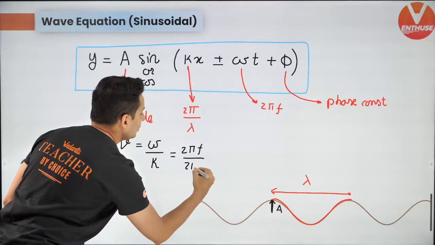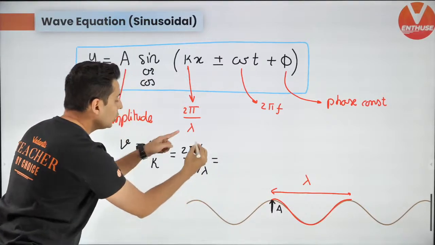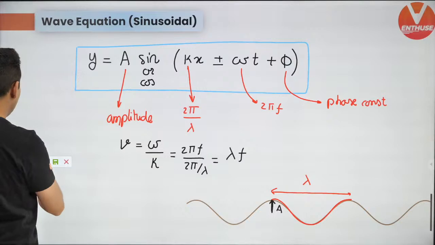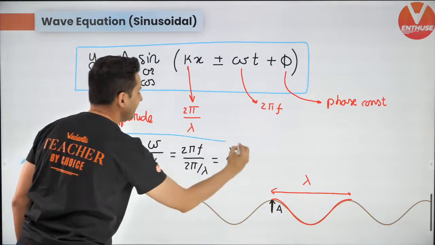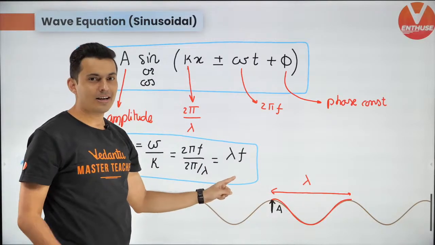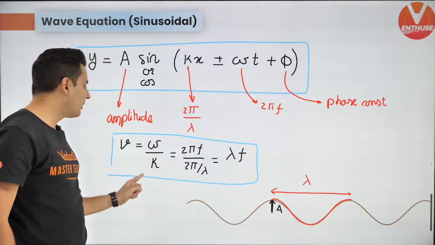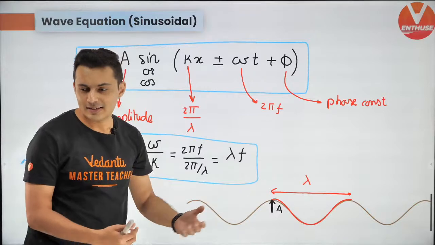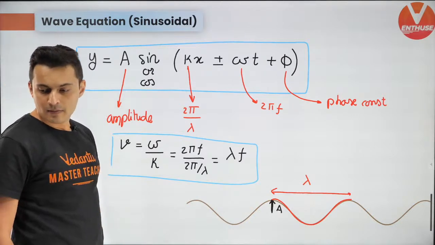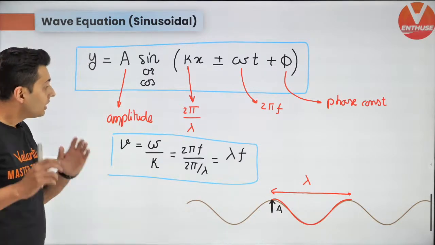And what is k? 2 pi by lambda. The 2 pi goes and it becomes lambda f. Isn't this your standard wave velocity equation? v is f lambda. You have studied this in chemistry's atomic structure. So omega by k or lambda f, one and the same thing. Yes, correct. Very good Priyanka, Princy. Excellent. Very good Fida.